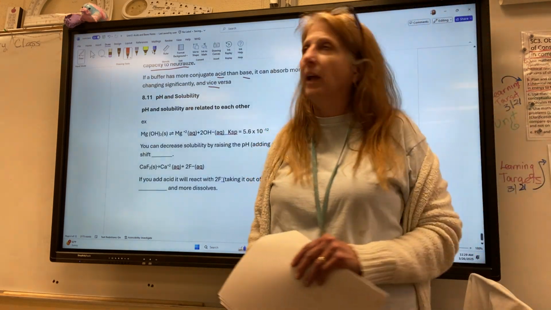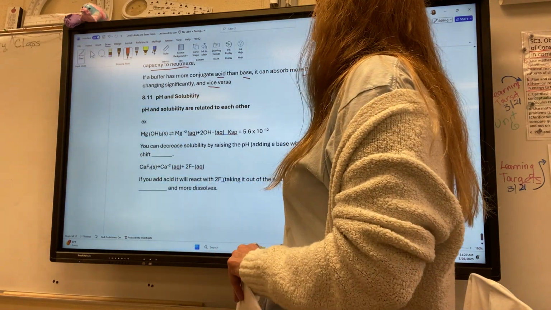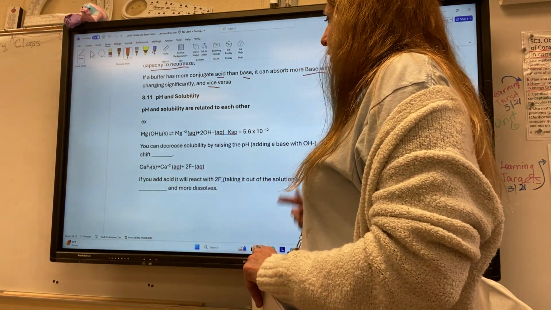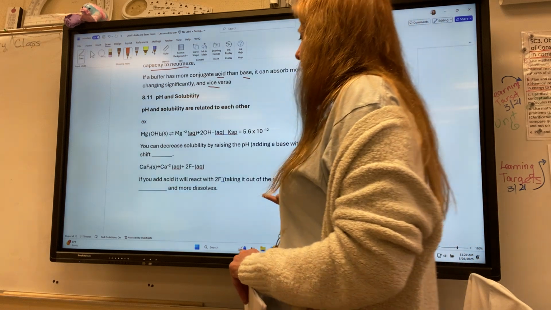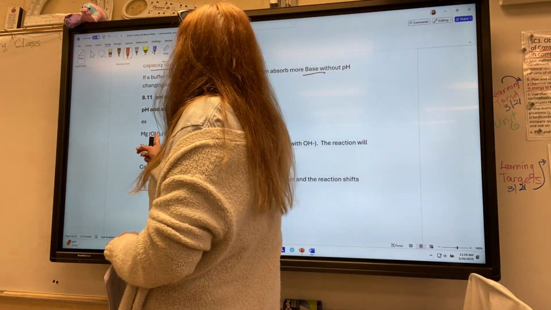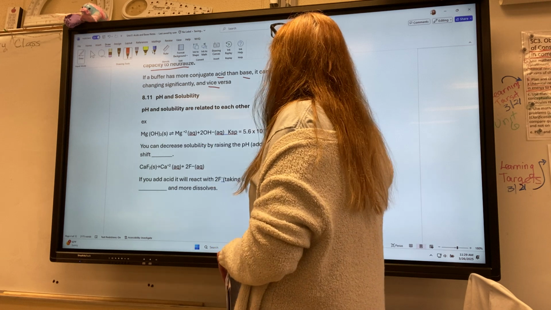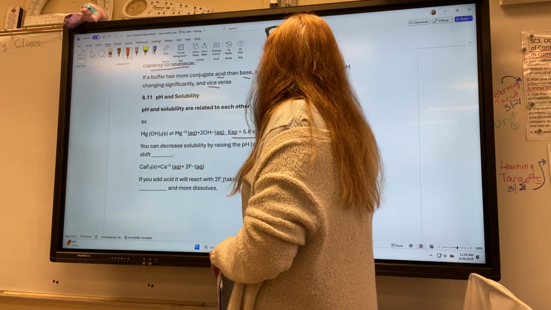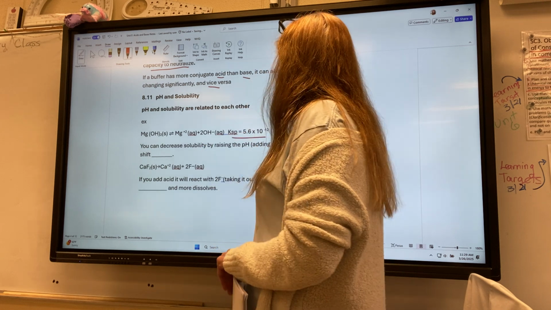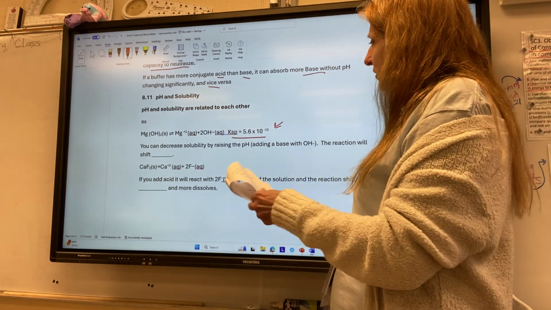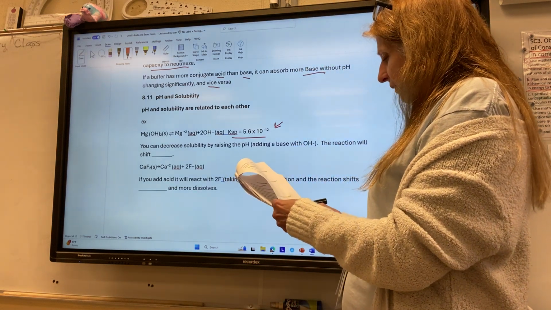Okay, last section, pH and solubility. pH and solubility are related to each other. That makes sense because it's dissociation. So here I have magnesium hydroxide. It's dissociating into magnesium and hydroxide, and it has a Ksp that is very small. So that means it's not going very much to products at all.